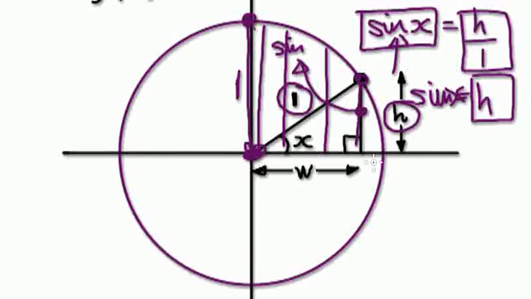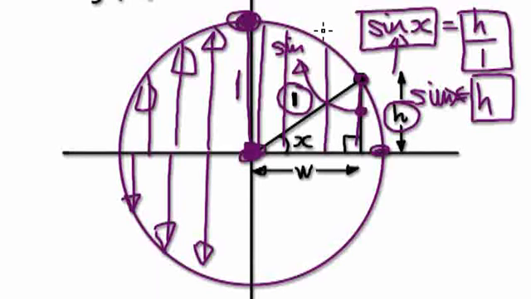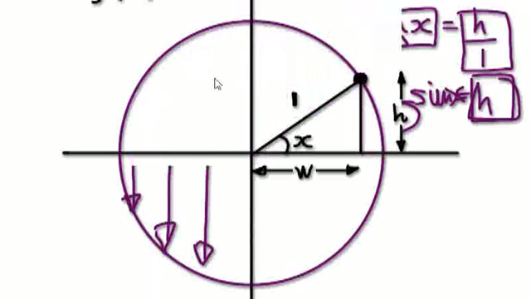Then as it moves around, the height is decreasing and decreasing, and then over here it's on the negative side. So rather than understanding sine of x, we would understand h, the height of this dot as it moves around.